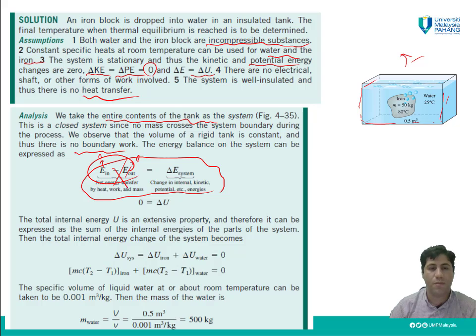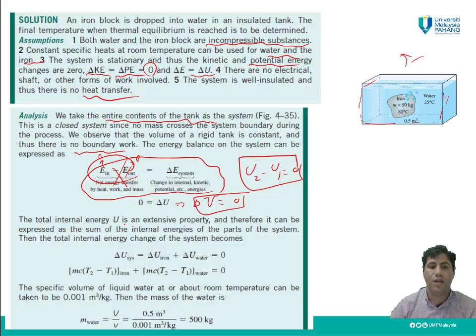So this will be 0. And delta E of the system is also equal to the change in the internal energy. So delta U of our system is equal to 0. In other words, U2 minus U1 is 0. But what are U2 and U1 for our system?